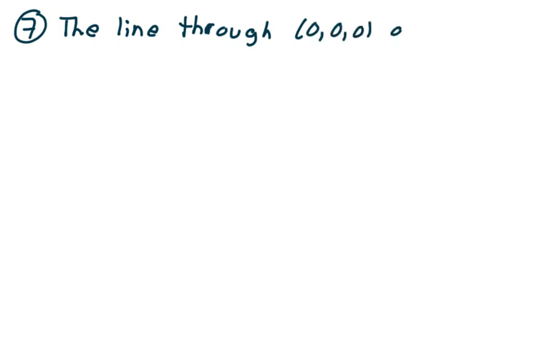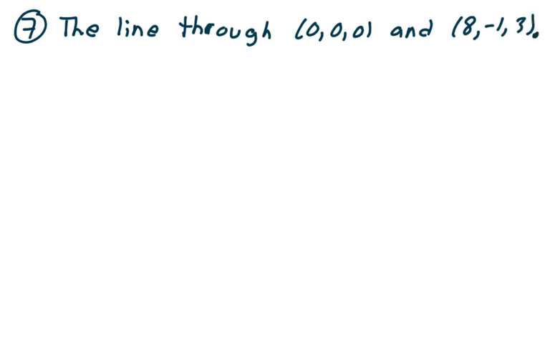Suppose I want the line through (0, 0, 0) and (8, -1, 3).